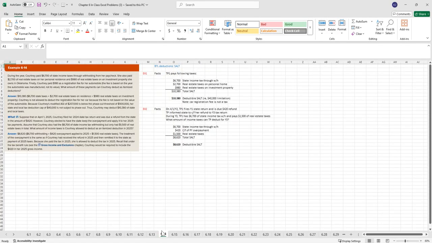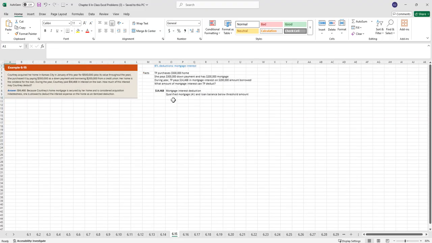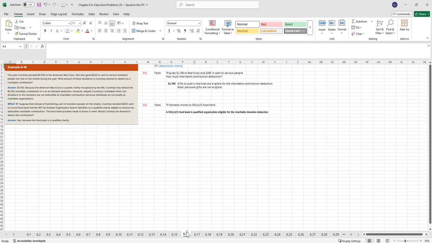All right, so 614, they're talking about, hey, here's all our taxes related for that. We add them up. Oh, okay, that's below $40,000. Here's some mortgage interest. You can see, hey, we took out money to borrow on a house. We paid some interest. You could see that it's deductible on there. All right, now we have charity we're talking about.